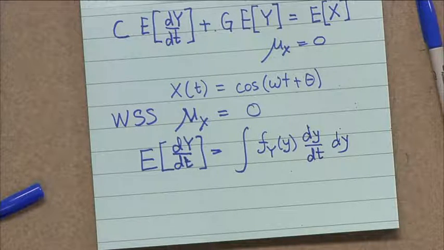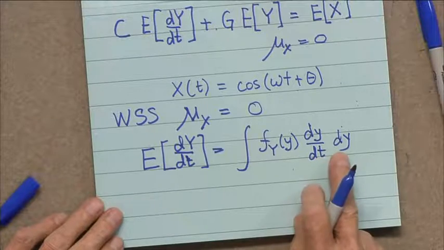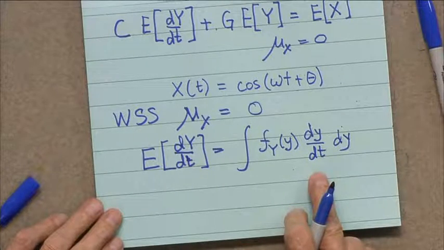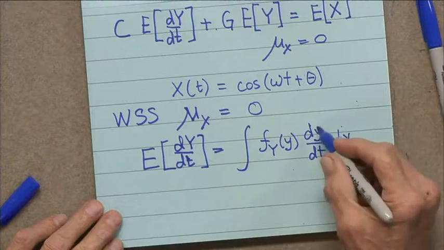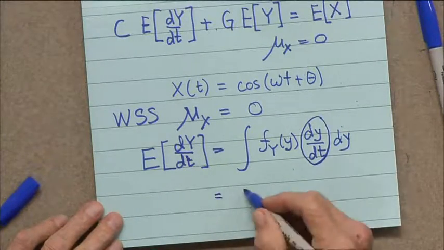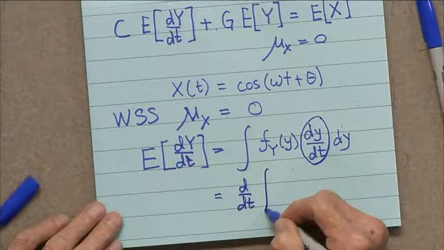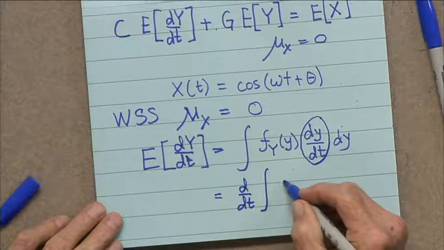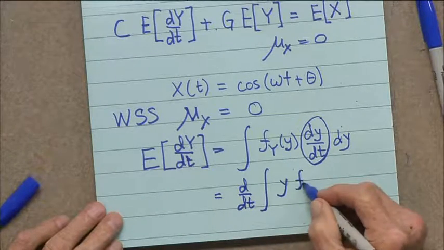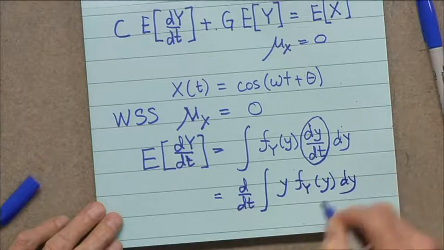Right? But we're integrating on y, not t. So we could take this function here and say that is d/dt of the integral of y f Y of y dy.